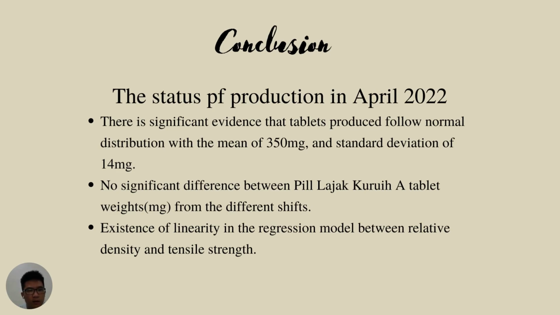There is no significant difference between the tablet weights from the different shifts. Finally, we also accept the linearity in the regression model between the relative density and the tensile strength. That's all. Thank you.